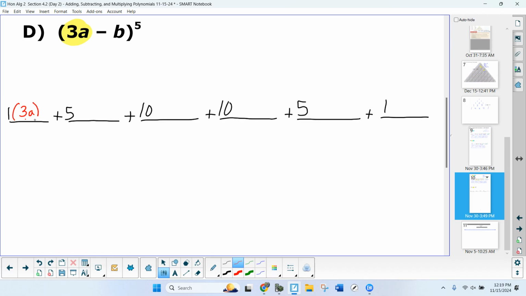So this 3A, you have 5. How many here? 4. How many here? 3. How many here? 2. How many here? 1. And then none. Are you good with the 3A's?